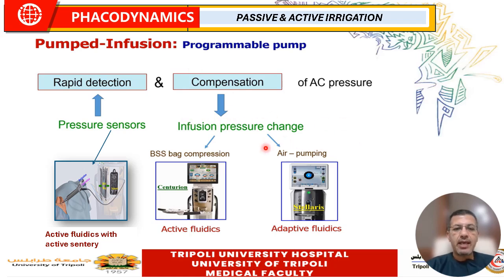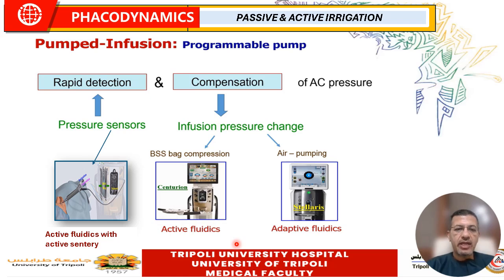We have three varieties of pumped infusion. It can be by injecting air into the irrigating fluid so that the irrigation fluid will enter the eye with pressure, which is known as adaptive fluidics, as seen in Bausch and Lomb. Or by placing the BSS bag within two motorized plates, which is seen in the Alcon company and is called active fluidics.